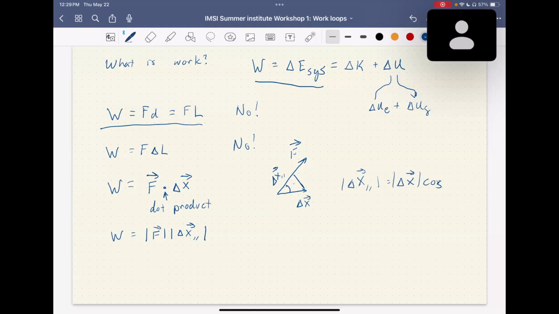So that's just a trigonometric identity, cosine theta. And so work is going to be equal to the magnitude of the force times the magnitude of the change in position, generally, not just the parallel component, times the cosine of the angle between them. And that's a really important part to remember, because this equation is only correct when the two are exactly parallel to each other. And that's not always the case, right?